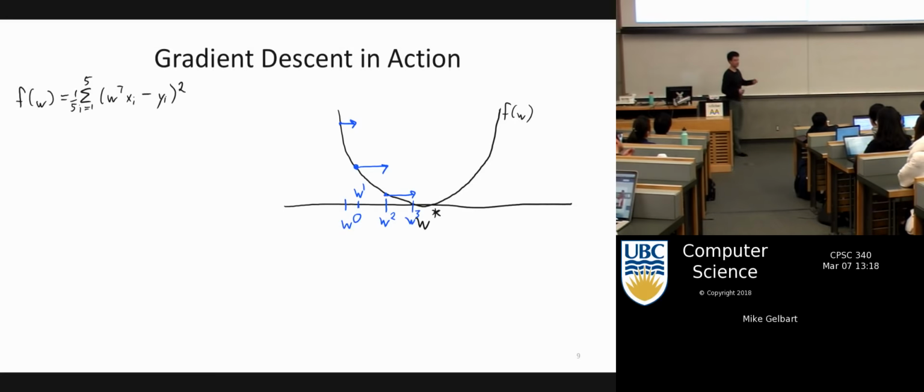Now I'm at W3, compute the gradient. It says go that way. Now maybe I cross over, so when I compute the gradient this time, it says go to the left. But eventually I'm converging to where I need to go. And unless my learning rate, alpha, is too big, the loss should be going down at every iteration.